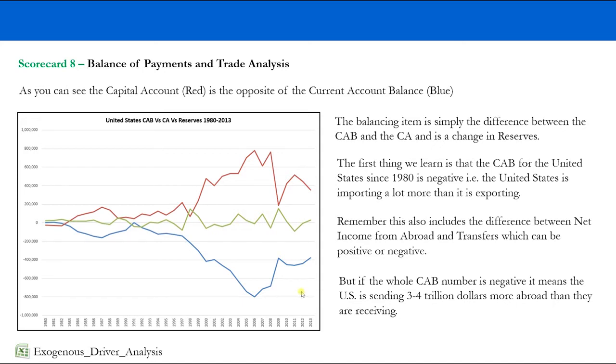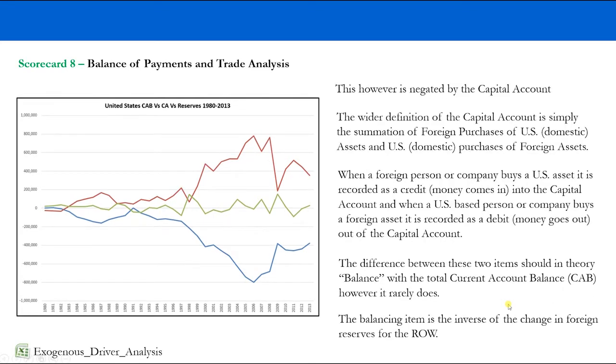So let's have a look at the capital account and how we work this out. The wider definition of the capital account is basically the summation of foreign purchases of US domestic assets and US domestic purchases of foreign assets.